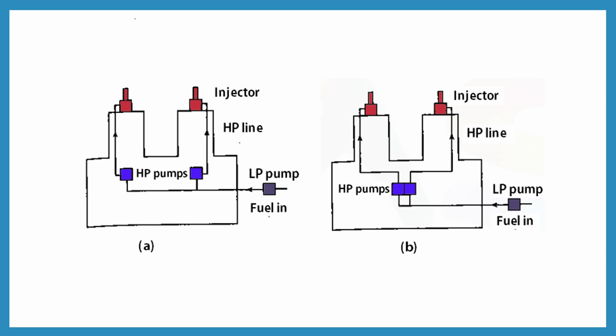So students, here are pictures of the individual pump fuel injection system. Two types of system are used. In one, each cylinder is provided with a single injector, and the single injector is connected with a single pump. That's why it is called an individual pump. In the other, there are two cylinders, and only one pump is connected to these two cylinders.